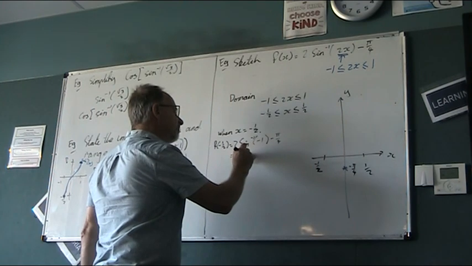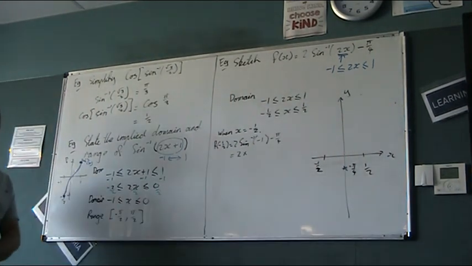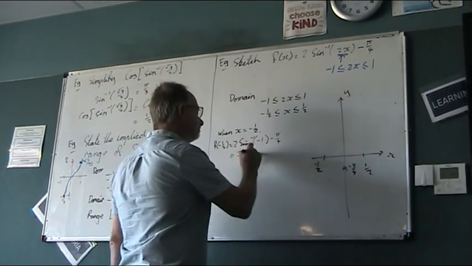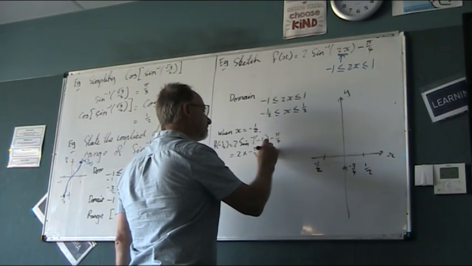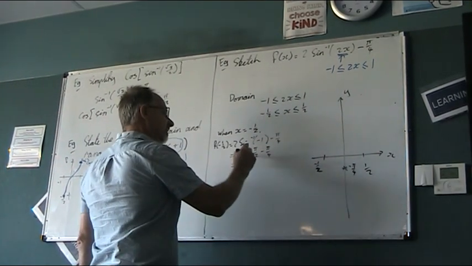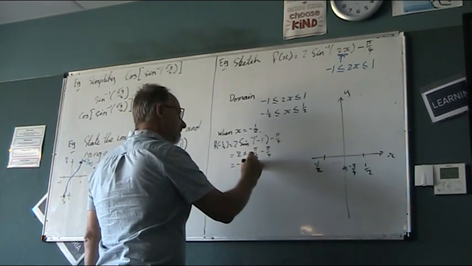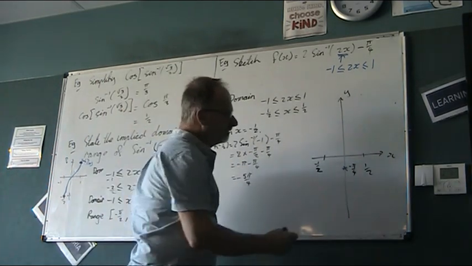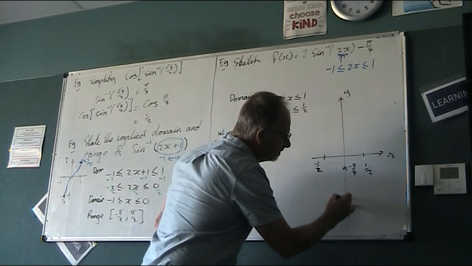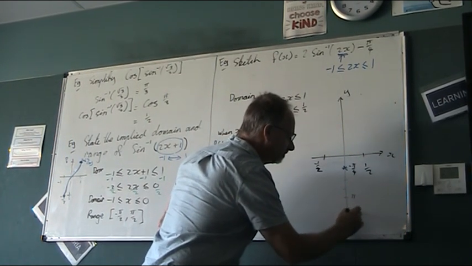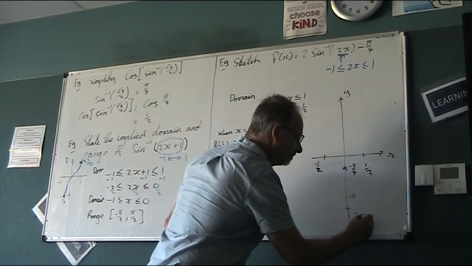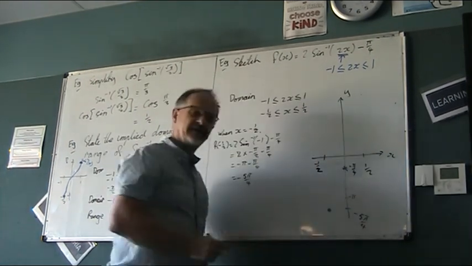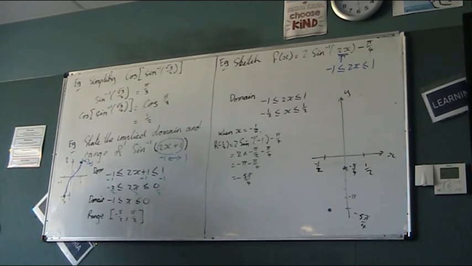A sine of -1 corresponds to what angle? Negative pi on 2. Cancel there, negative pi minus pi on 4, which is minus 5 pi on 4. Down there. Happy with that?